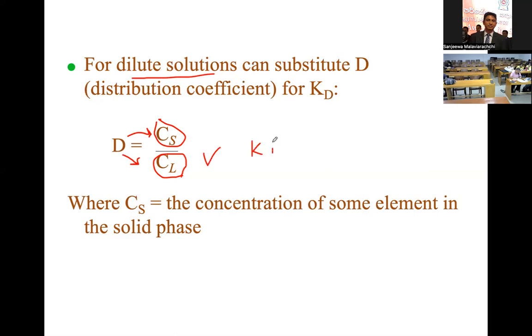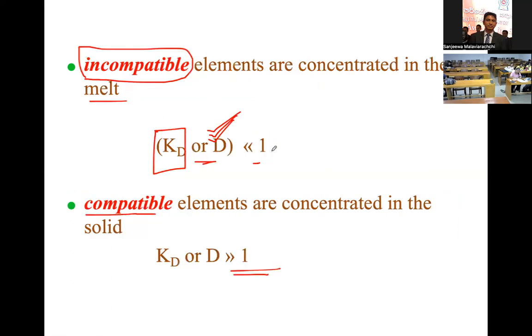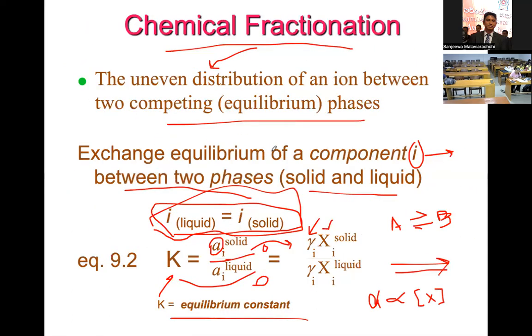This is not KD, this is not the equilibrium constant, because for an equilibrium constant, what do you need? You need activities, not just the concentration. So the activities ratio will give you the equilibrium constant.